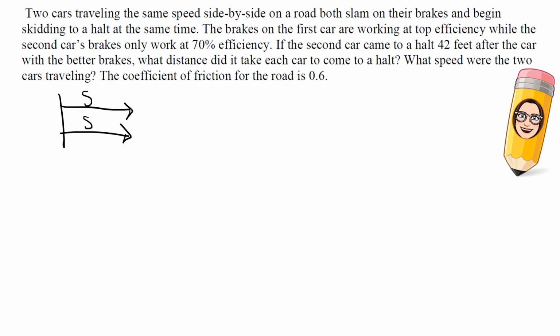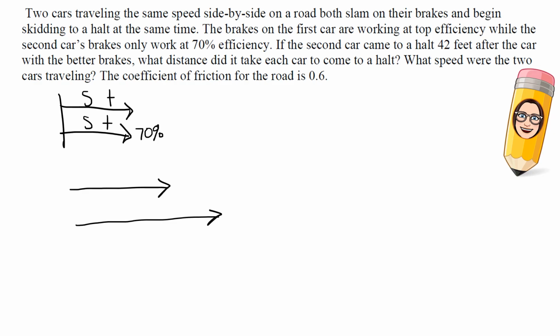They slam on their brakes and begin skidding to a halt at the same time. The brakes on the first car are working at top efficiency, while the second car's brakes are only at 70% efficiency. So that means the first car, if it's top, will stop sooner than the second car, correct?